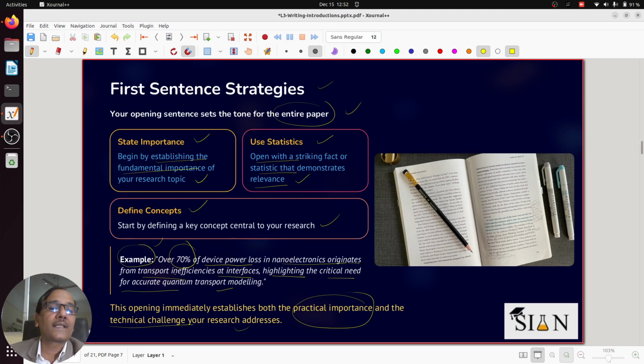I'm just repeating this sentence: over 70% of device power loss in nanoelectronics originates from transport inefficiencies at interfaces. Although that language is slightly technical, you can use easier language also, highlighting the critical need for accurate quantum transport modeling.